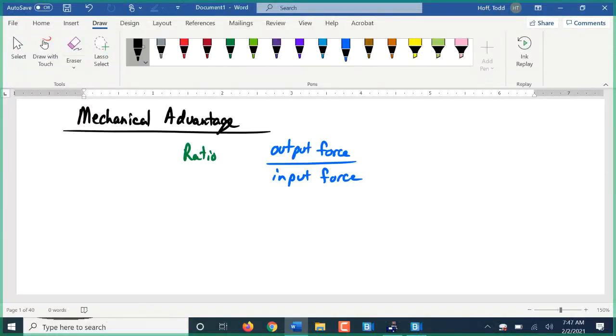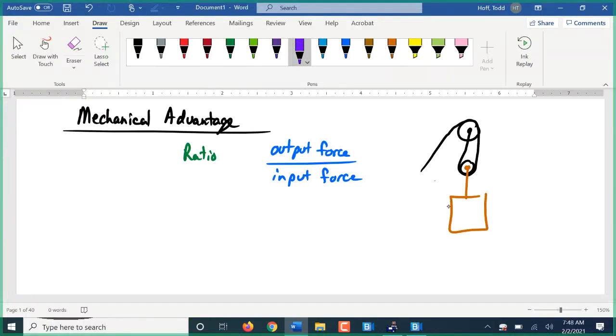For example, if you have a pulley system, you have this pulley set up like this, and whatever it is you're trying to lift hung on that bottom pulley.